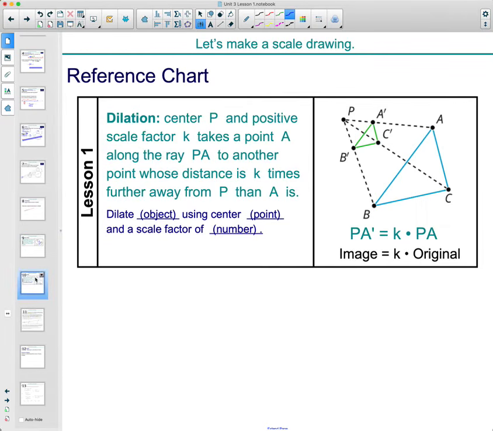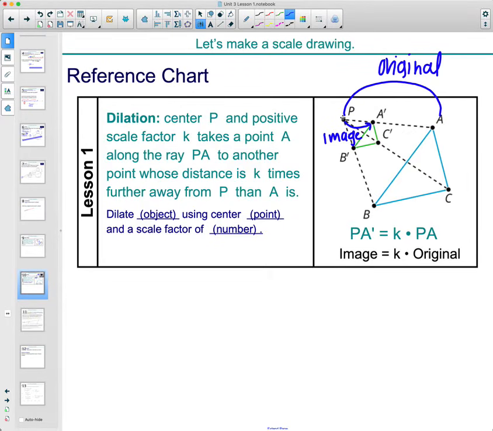Then this one, dilation, so get that written in your reference chart. Make sure you're marking up this picture that's in there. So what this is saying is the distance from the center to the image is equal to the scale factor times the original distance. So here's your original, right, to the letter without a prime, and then that center to the prime is your image distance, right?